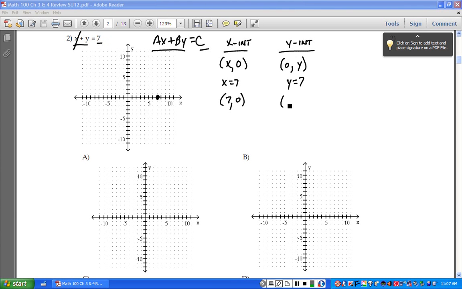So that would be 0 for x, 7 for y. I go to the y-axis and count up a positive 7. Connect the dots. There's your graph. Notice I put the arrowheads on both ends to show that the line goes on forever in both directions. Again, the multiple choice answers didn't print out, so this is one you just work out.